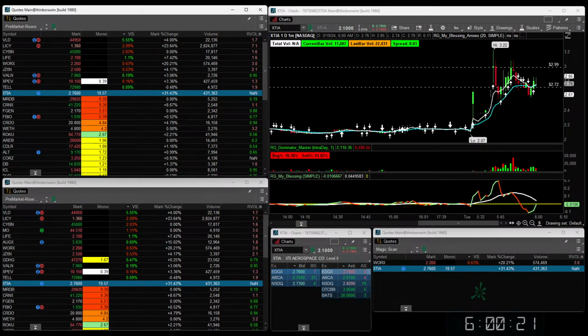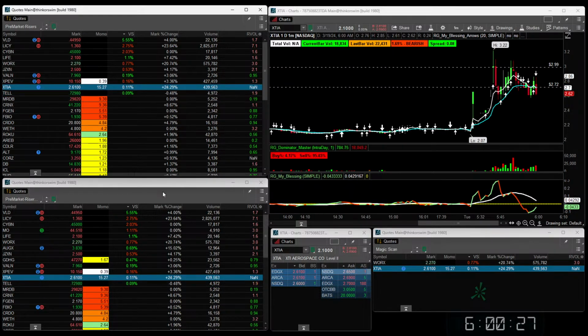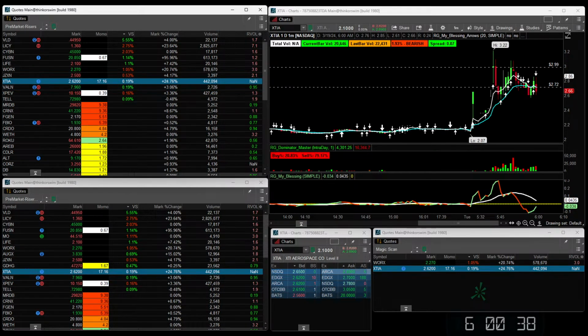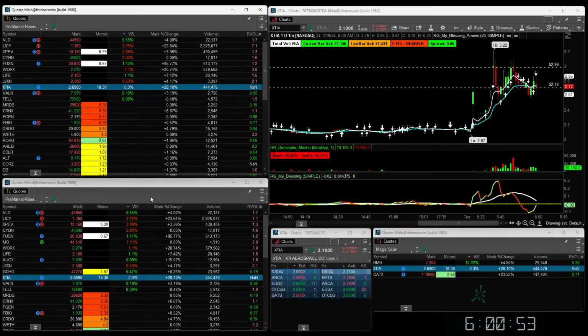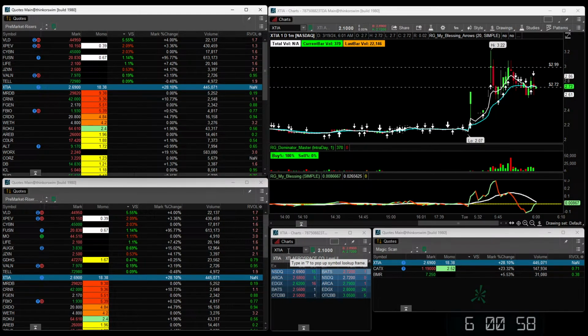Volume is quite low. Not seeing anything standing out at the moment. Doesn't look like this one's going to go very far. But you never know, the buyers could come in any moment.